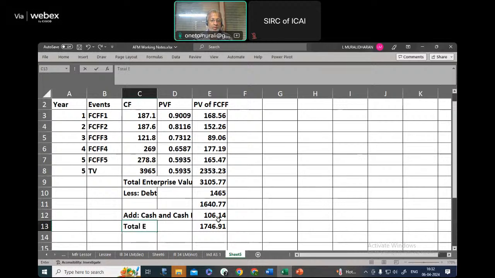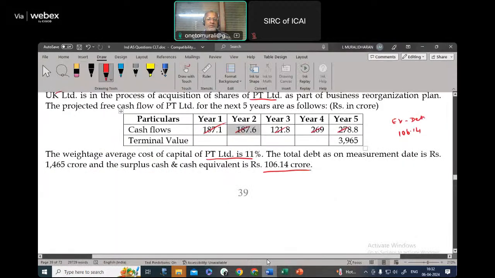Total equity value. Number of equity shares. These are all rupees in crores.